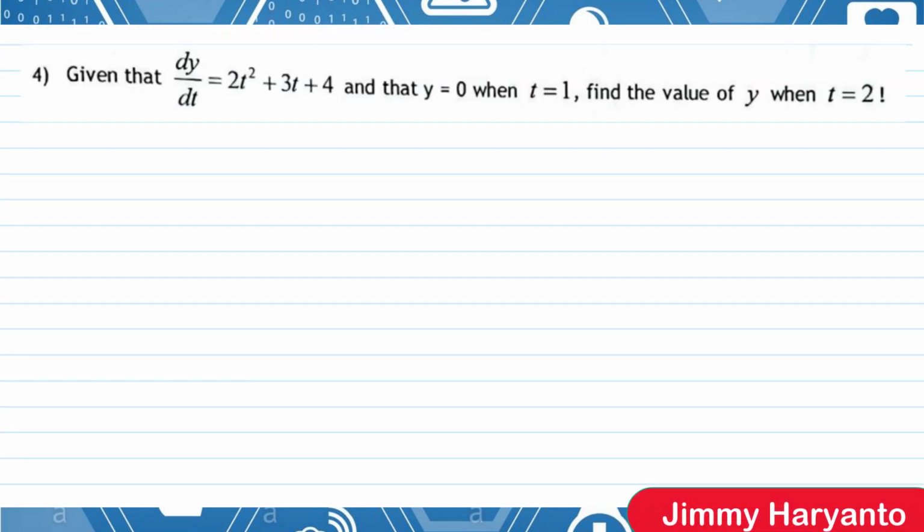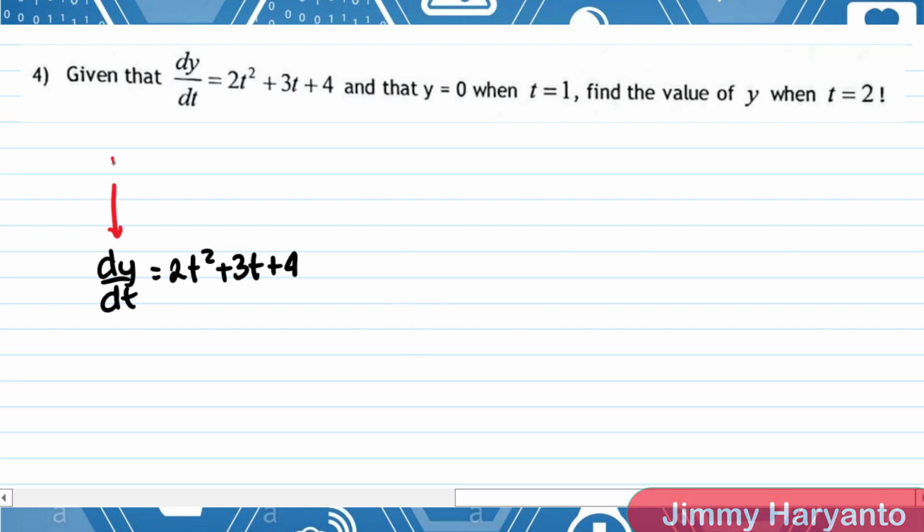For number 4, we have dy over dt equals to that function. So I will write dy over dt first equals to 2t squared plus 3t plus 4. Okay, so we already know that dy over dt is the differentiation of the y. That means if the question wants you to find the y, you have to integrate the dy over dt.